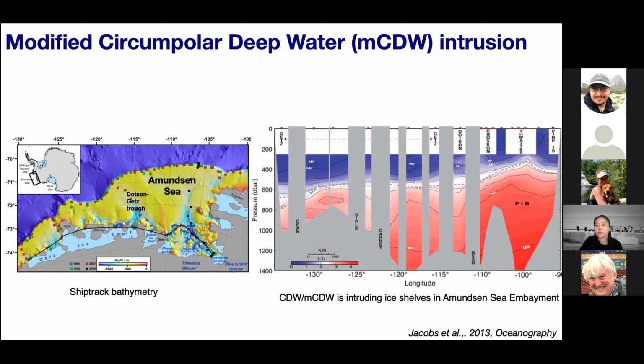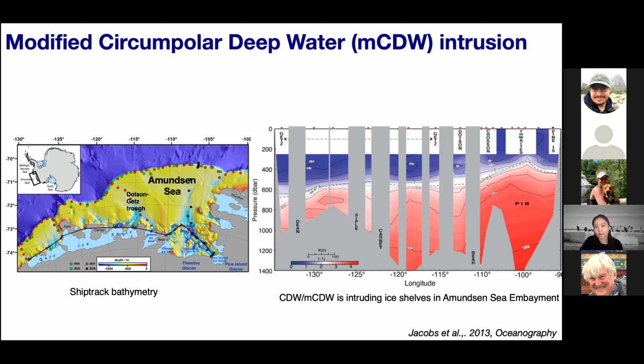If we look at the ship track bathymetry on the left figure, for the open Amundsen Sea, the outstanding features are these deep troughs that act as shelf fronts. For the Getz region, the eastern Dotson-Getz trough splits up to feed both the Dotson and the Getz ice shelf.